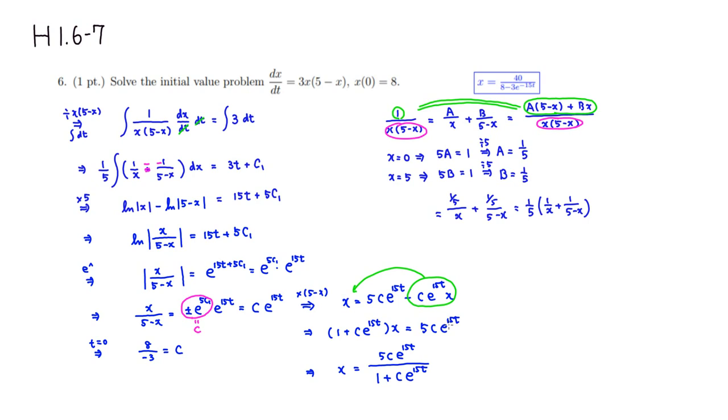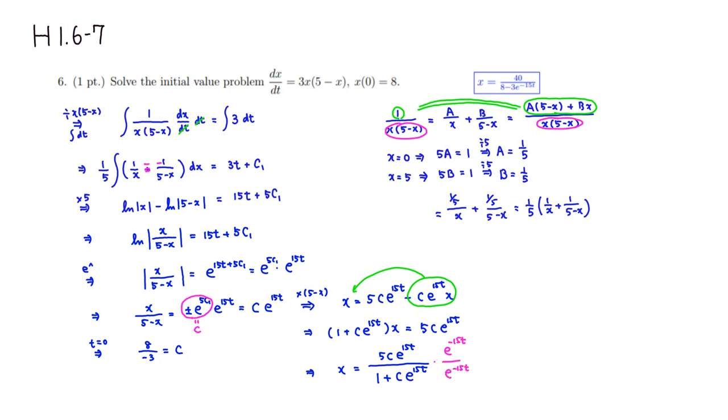Right? So what's next is I'm going to divide it through by e to the 15t, to make it look like the solution we have there. I'm going to multiply the top by e to the negative 15t, and the same thing to the denominator.